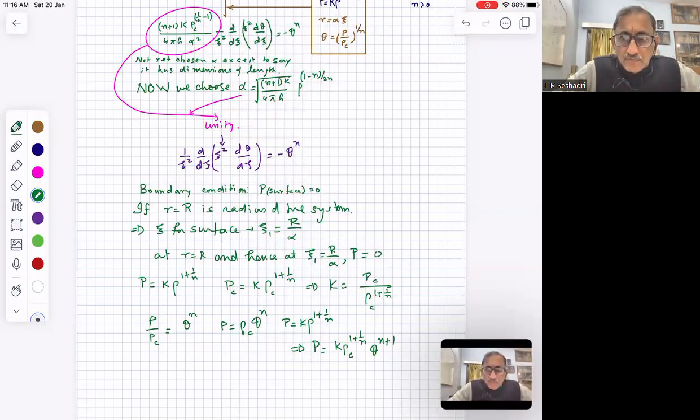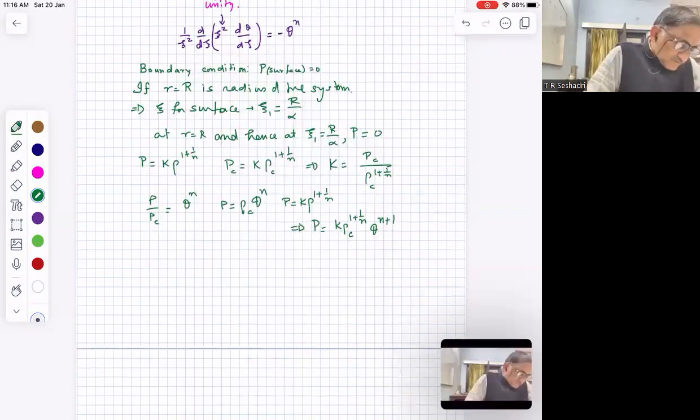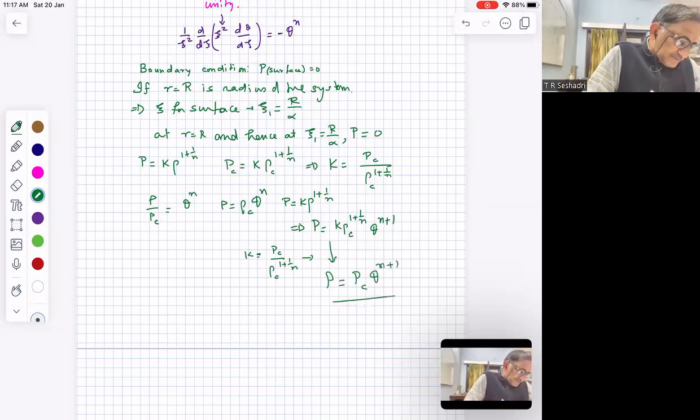Yeah. Okay. So you can substitute it. And since K is equal to PC by rho C power 1 plus 1 by n, it just means that P equals PC theta to the power n plus 1.